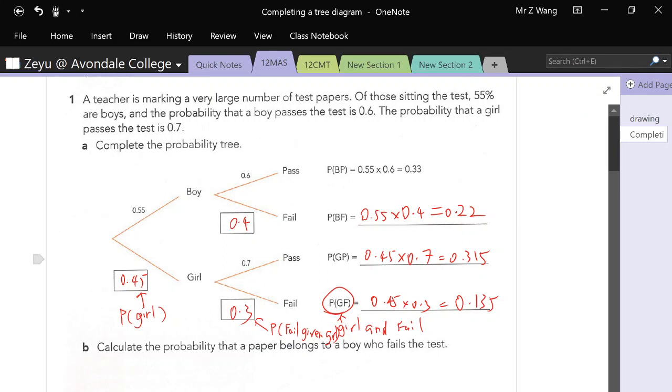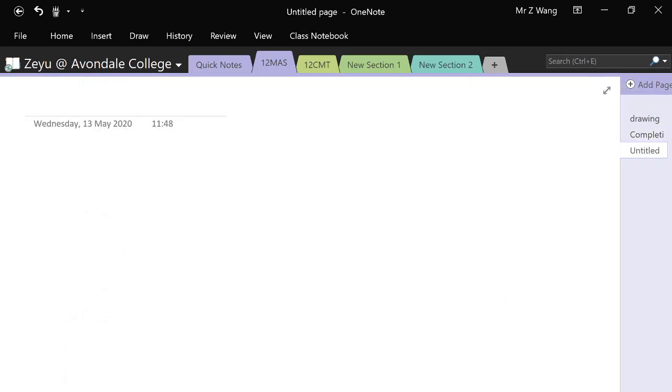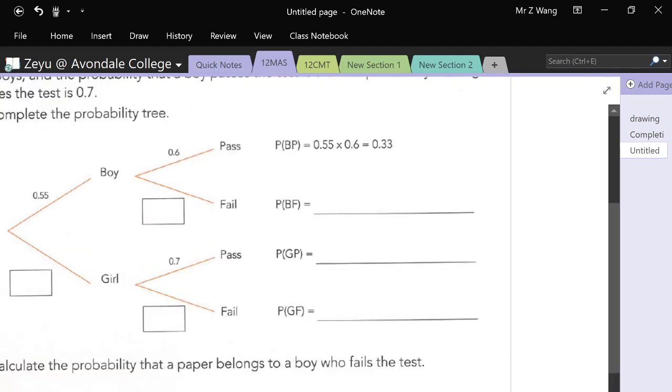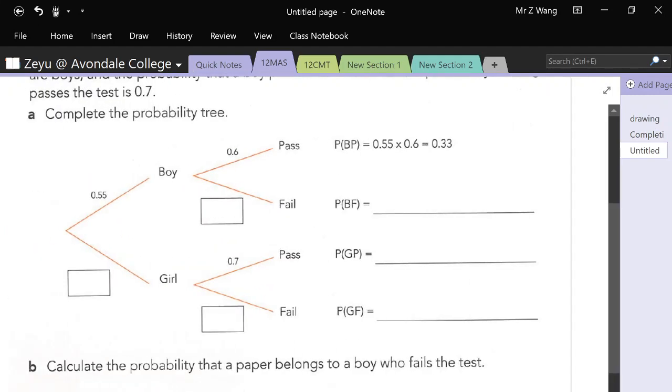Yes. Okay, let me put it another way. Let's not say this is a probability. Let's say there are 100 students: 55 boys and 45 girls. 60% pass.